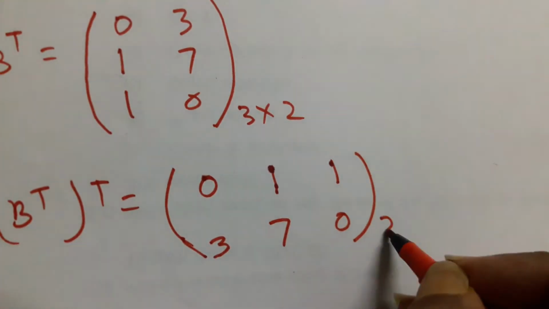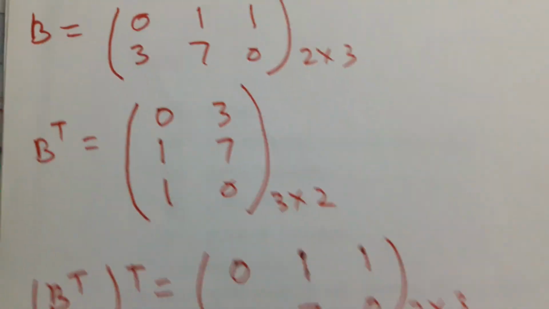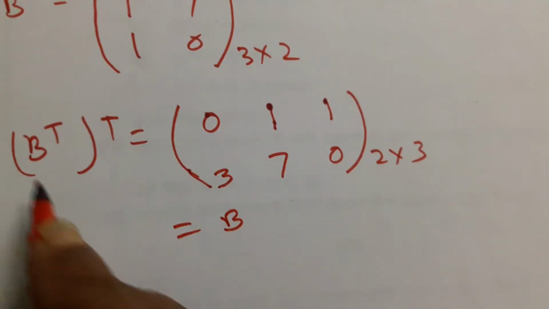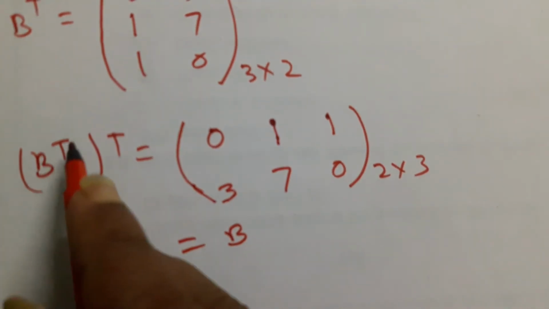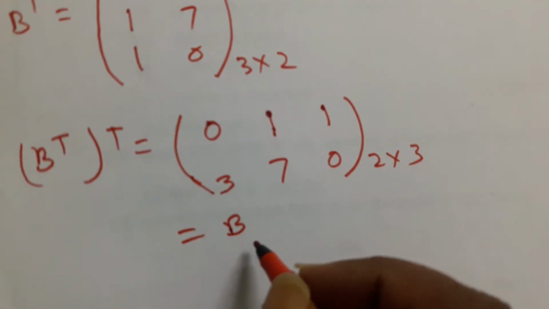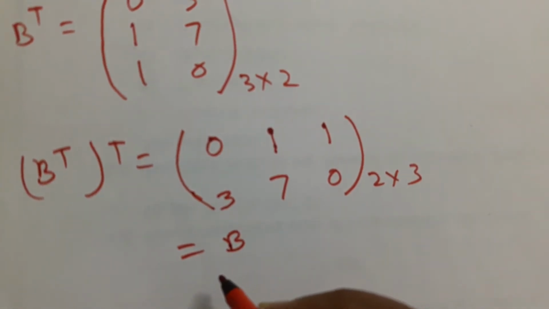So it must be of order 2 by 3, and we get the same matrix as earlier, that is the matrix B. So the transpose of the transpose of any matrix will be the same matrix. This is also a property of the transpose of a matrix.